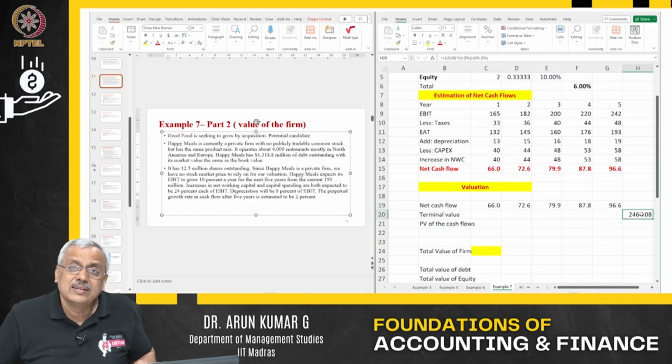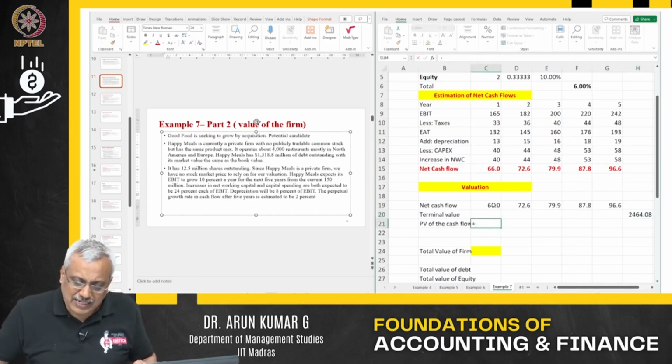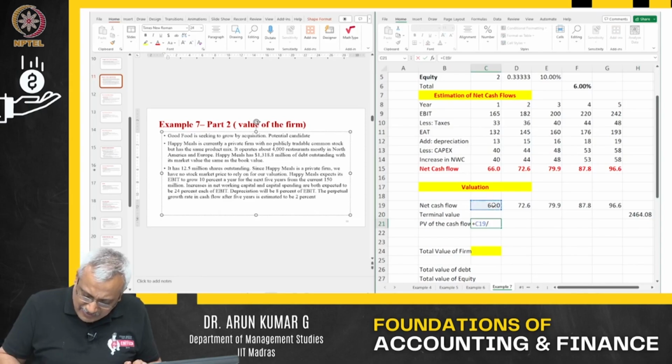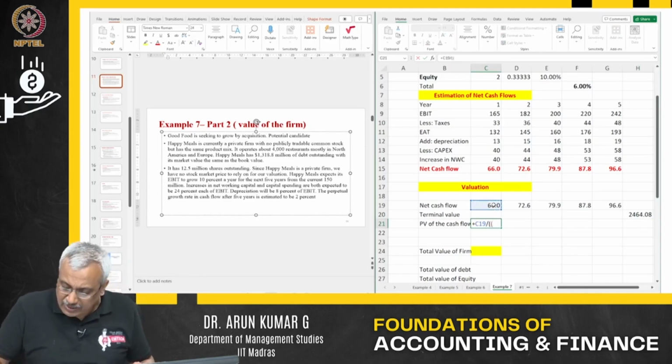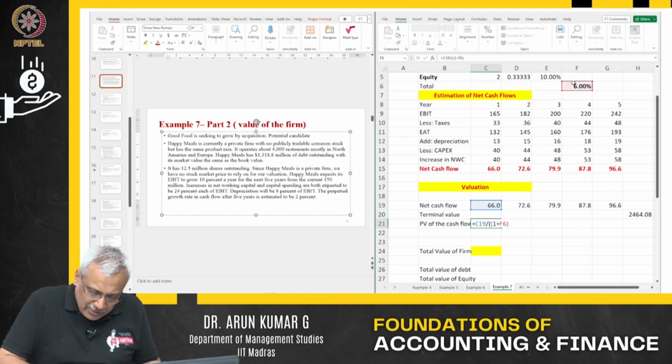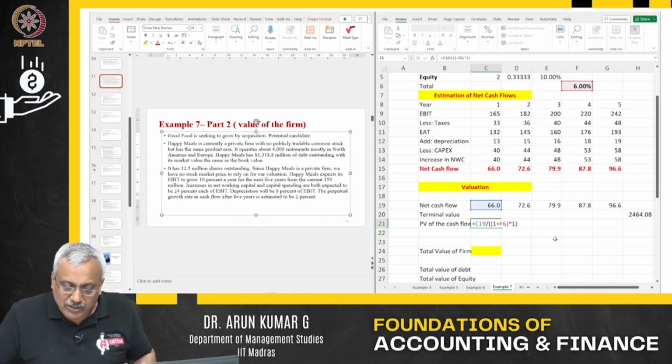Now I am going to find the present value of all these cash flows. This is going to be 66 divided by 1 plus, at what rate am I going to discount? I am going to discount it at the cost of capital to the power 1 in this particular case.